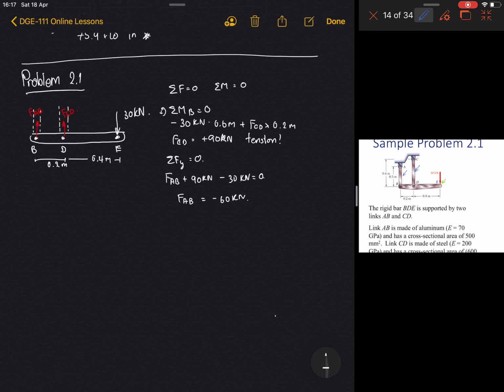Okay, so it means the direction here is this direction.